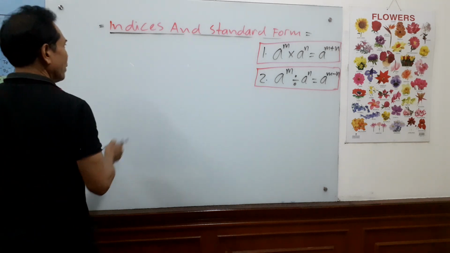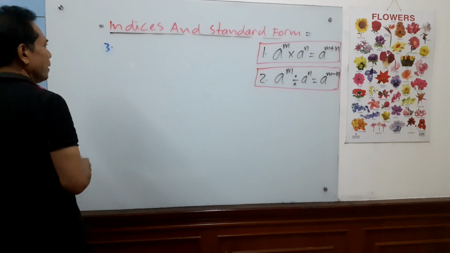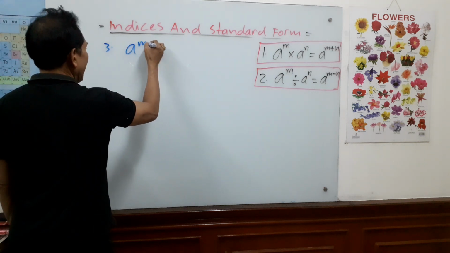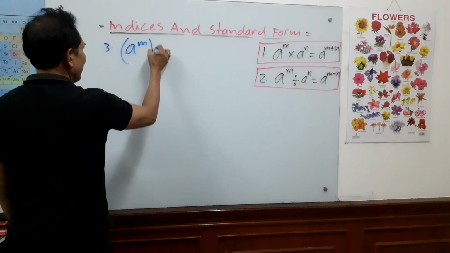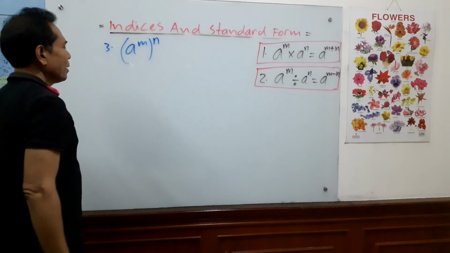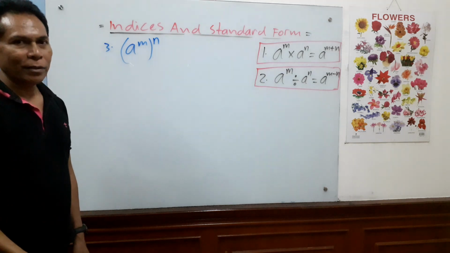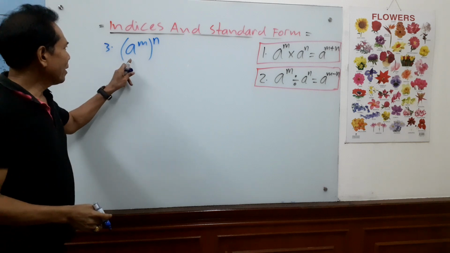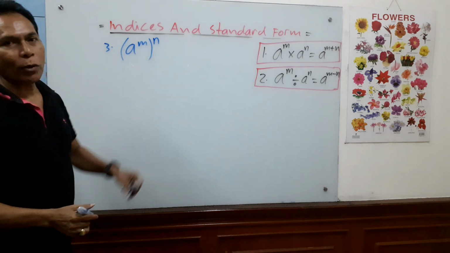Now I erase this so that we can have more. Now we go to number 3. We have A power m. We put in the bracket like this, children, and then we put n here. So how you read this? A power m to the power of n.